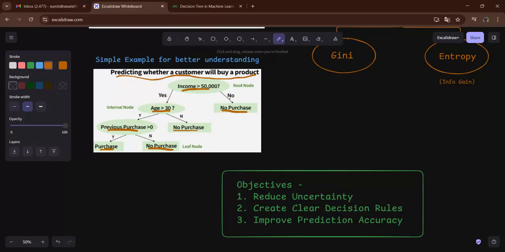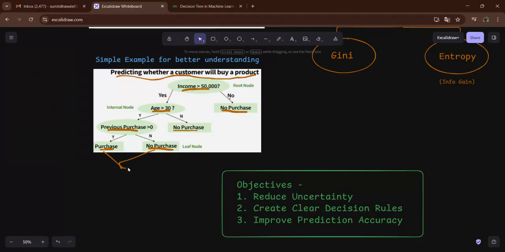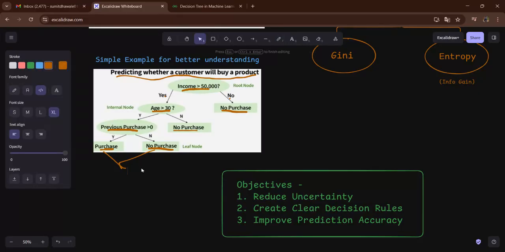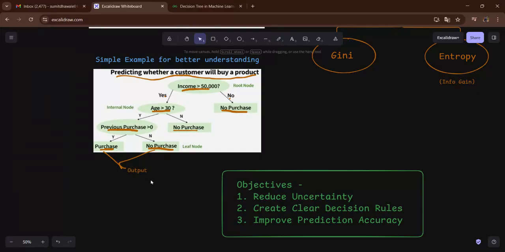What you have seen over here are the leaf nodes. The purpose of a leaf node is to give the output: whether the customer will buy the product or not, yes or no, purchase or no purchase. A leaf node shows an output.